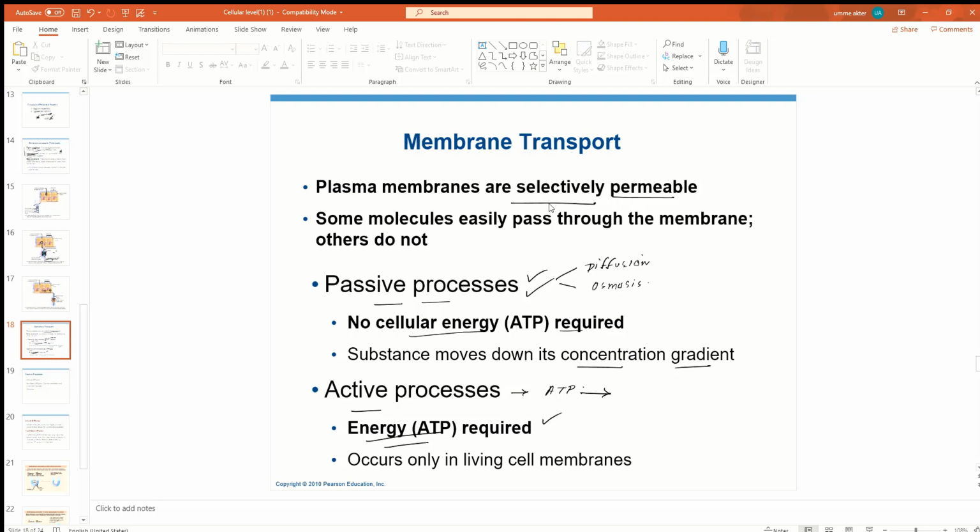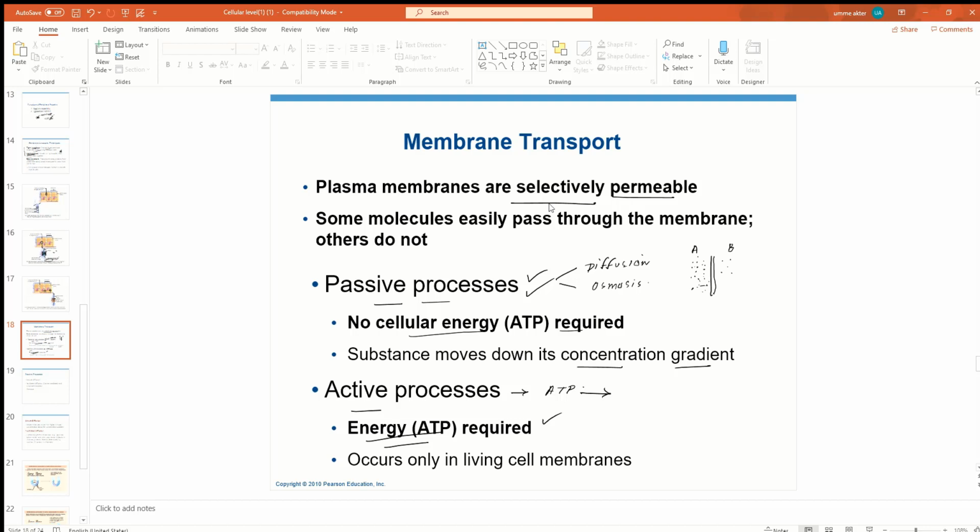Now the difference between diffusion and osmosis is, if this is the cell membrane, and you have solutions, this is solution A and this is solution B on the other side.